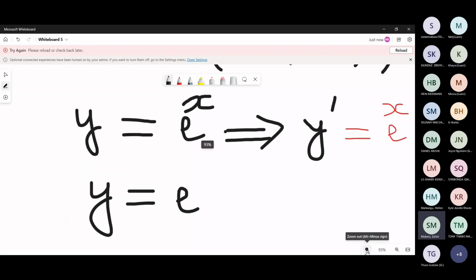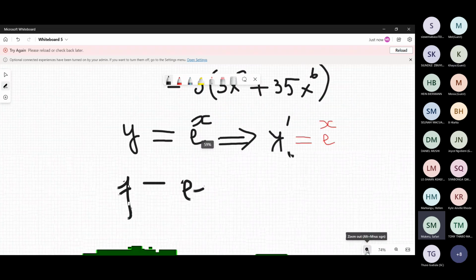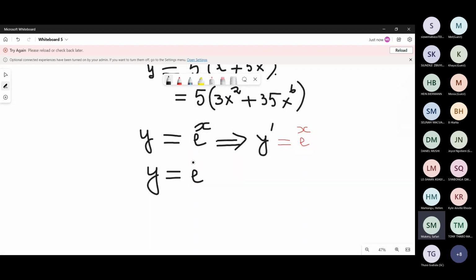Now, if we have now in general e power a function like u of x, how do you now find this derivative? How do you find y prime?